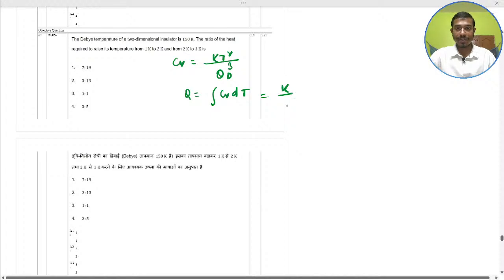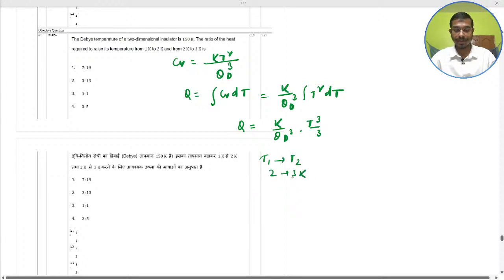Integrating this, that would be k over theta D cubed times the integral of T squared dT. Evaluating the integral, Q equals k by theta D cubed times T cubed by 3. So from T1 to T2, means 1 to 2 Kelvin.